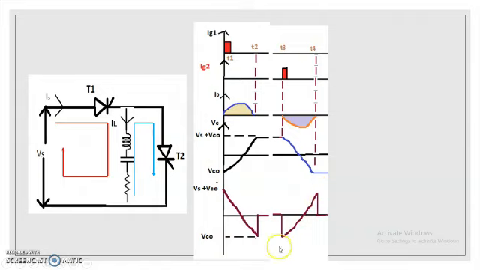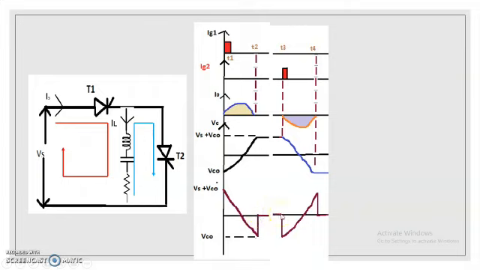Inductor voltage will start to increase from minus Vc0 to Vs plus Vc0. Here we have to note a point: when thyristor T1 is turned off, at that instant I told that the inductor voltage becomes 0 because it depends on the rate of change of current, di/dt. The current is 0, therefore the rate of change of current is also 0, so the voltage is at 0 value.